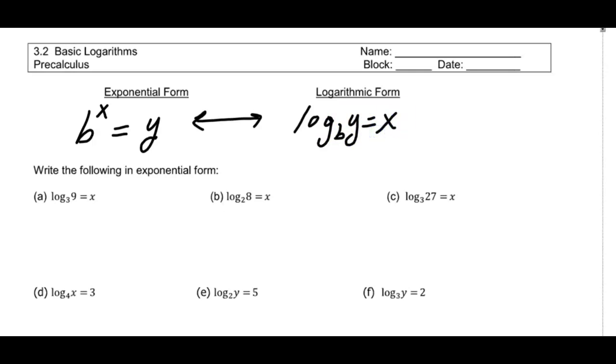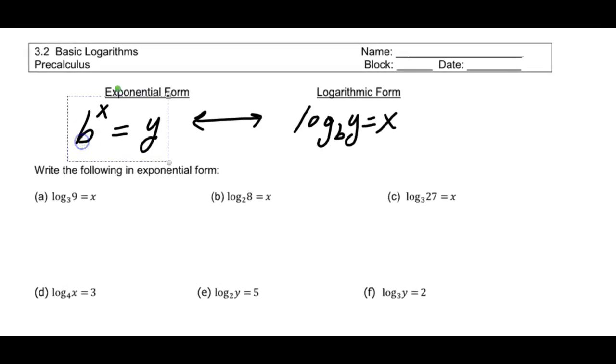Okay, so you can kind of see where things go here. My b is my base, and it's the base over here, so it's the thing raised to the power. It becomes a little subscript on your log. And then the exponent, my x, becomes the thing that's isolated on the other side.